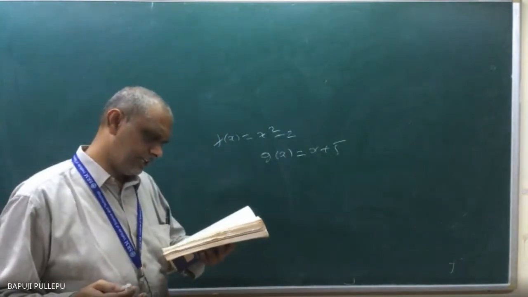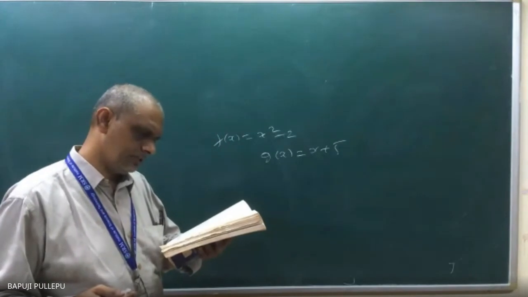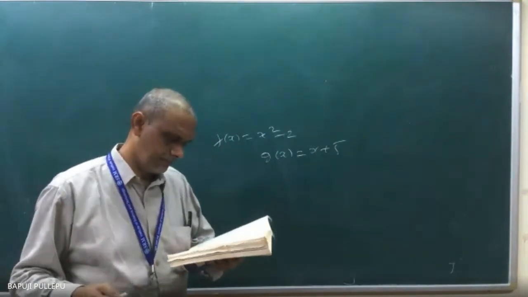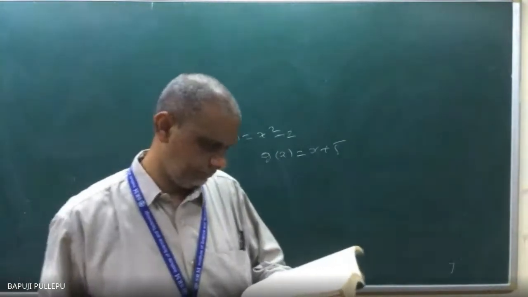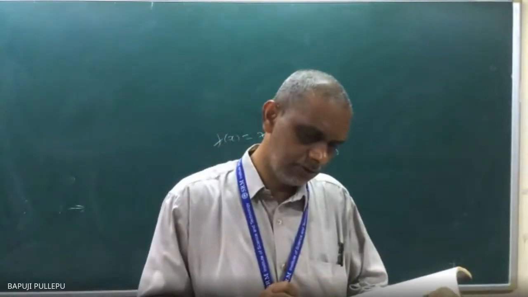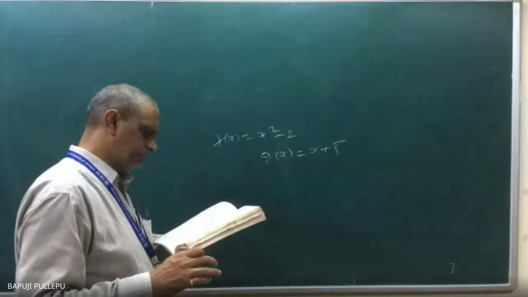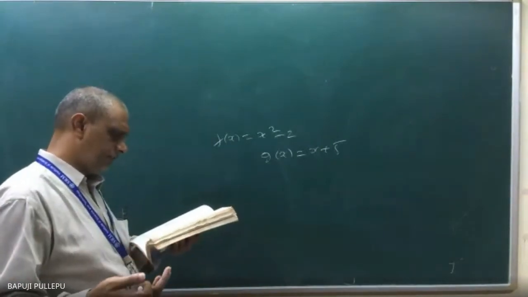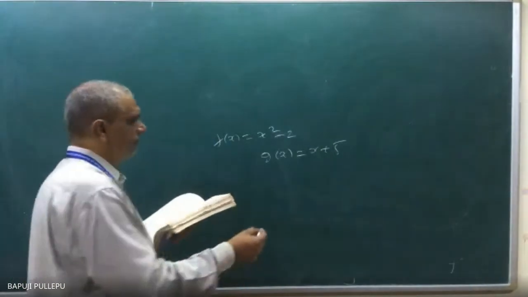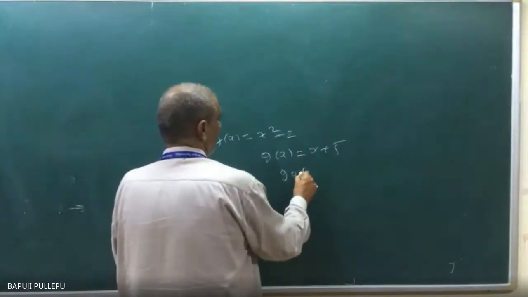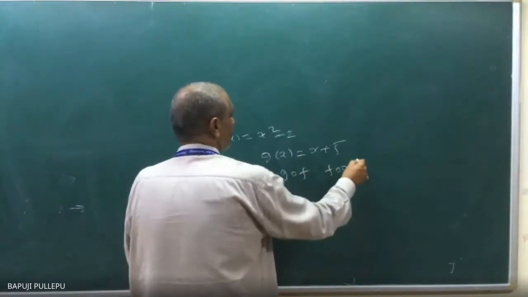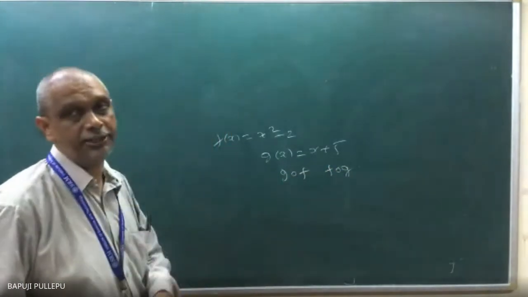F maps R to R, real field to real field. Find g of f of x and f of g of x. Find out how you find.